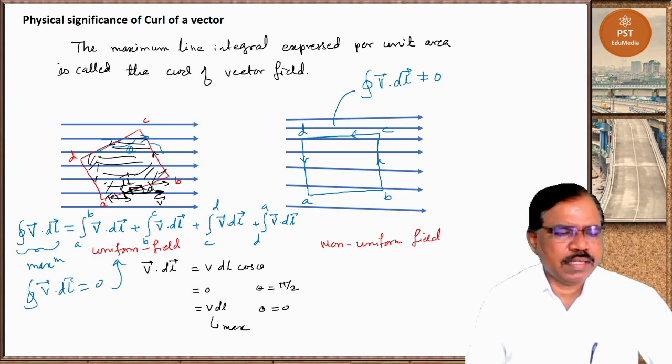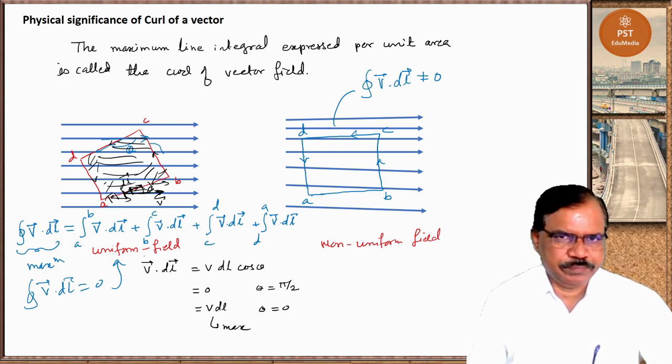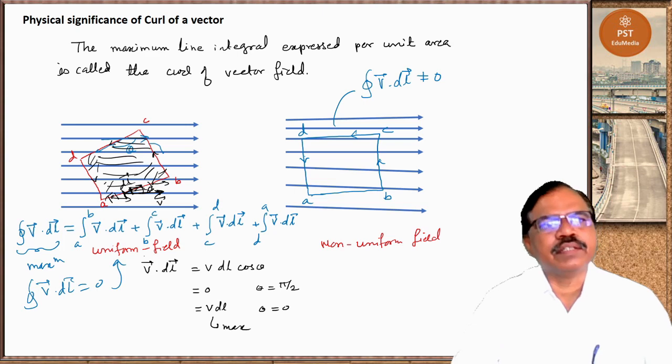So the maximum line integral expressed per unit area is called the curl of a vector field.